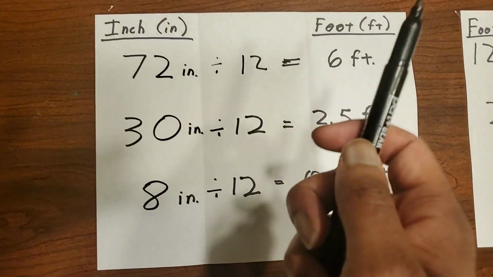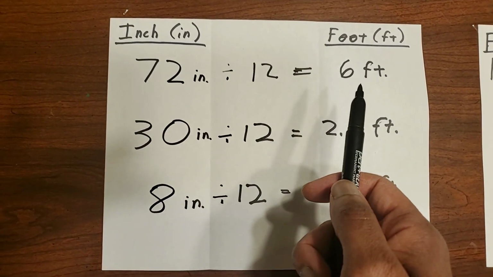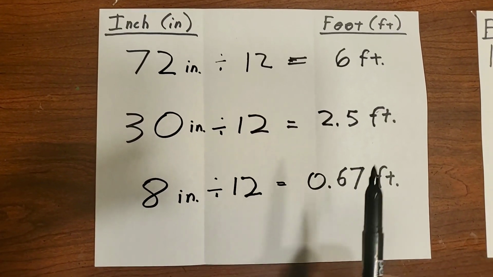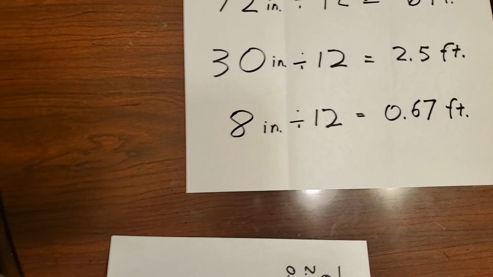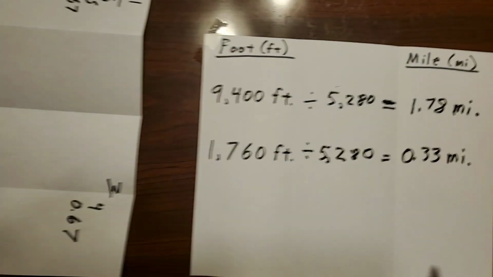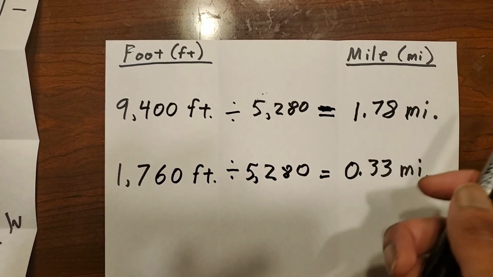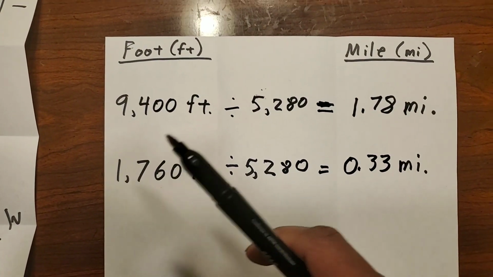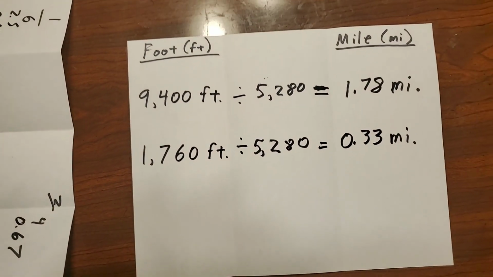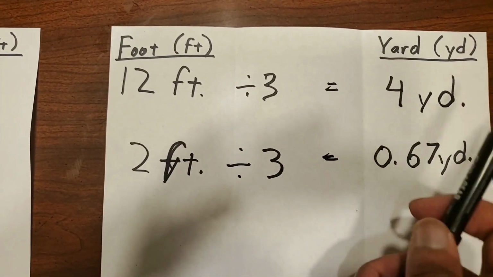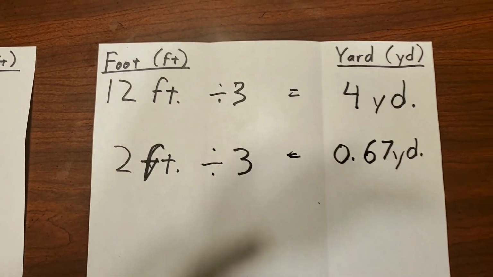If we're converting inches to feet, 72 inches is the same as 6 feet. 30 inches is the same as 2.5 feet. 8 inches is the same as 0.67 feet. 9,400 feet is the same as 1.78 miles. 1,760 feet is the same as 0.33 miles. 12 feet is the same as 4 yards and 2 feet is the same as 0.67 yards. So this is how we take small units and convert them to larger units.